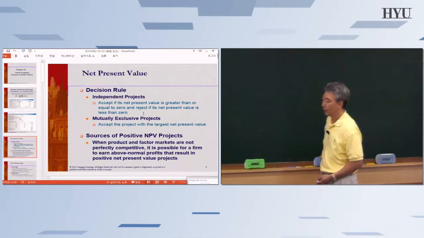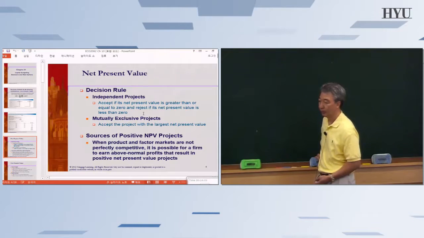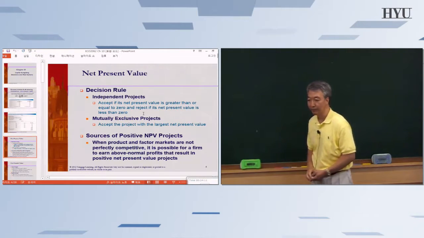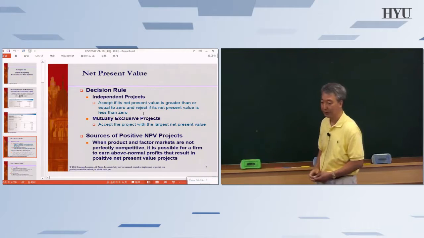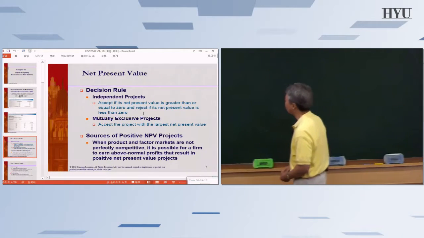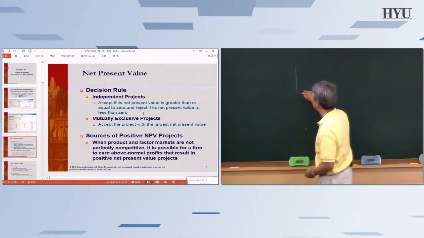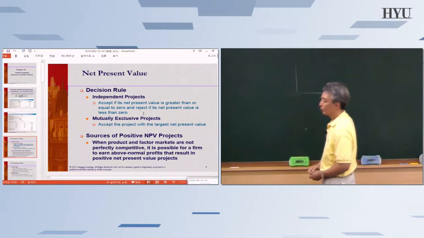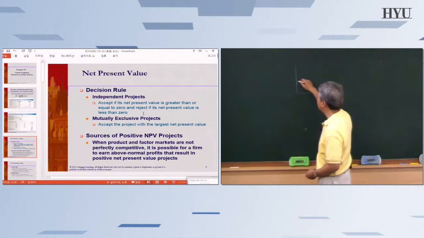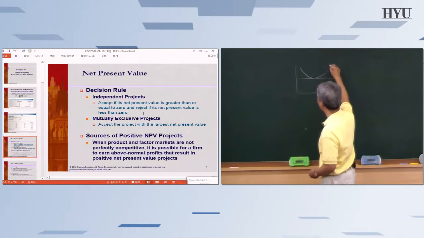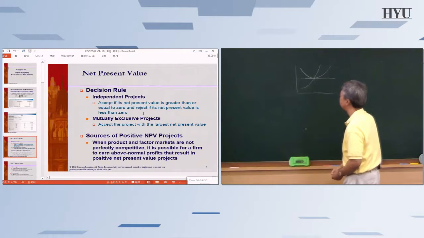If the market was perfectly competitive, you remember the perfect competition in microeconomics, right? If the market was perfectly competitive, then the equilibrium would be achieved at this point, right?